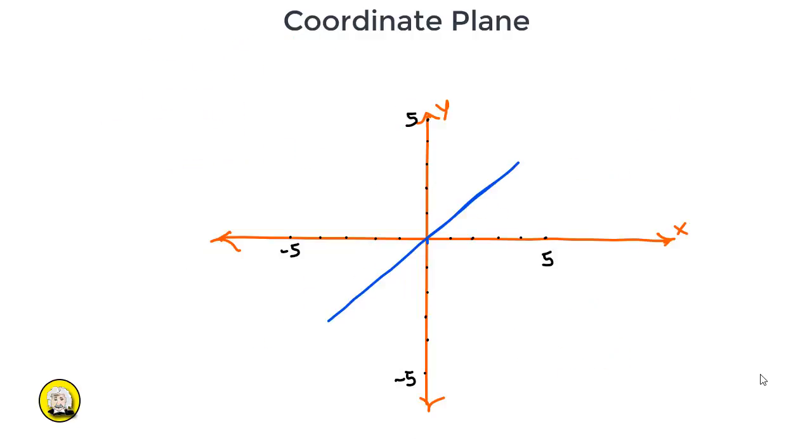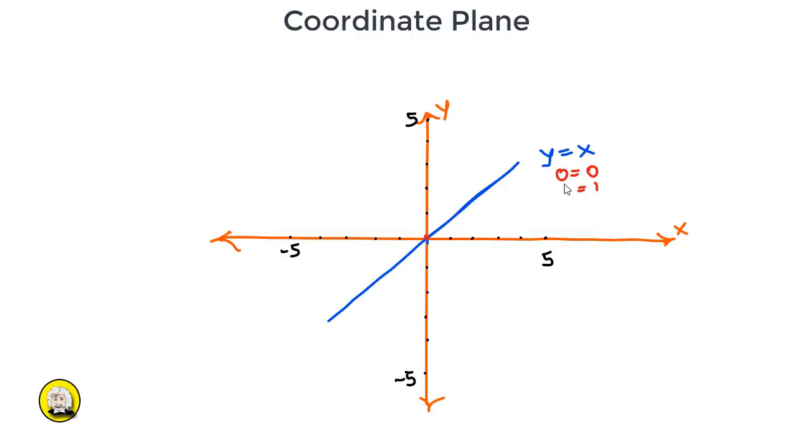Let's take a look at a graphed function on the xy coordinate plane. In this case, it's a line. And the equation for this line, as we'll see in later lessons, is y equals x. We can check the mapping of those points by comparing our equation to different pairs of xy coordinates.